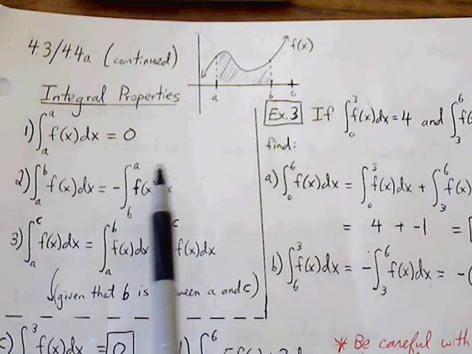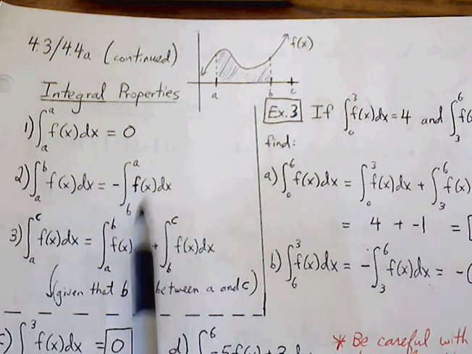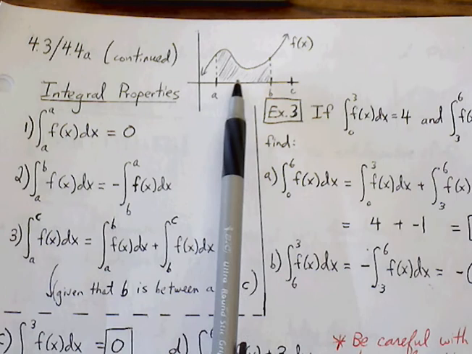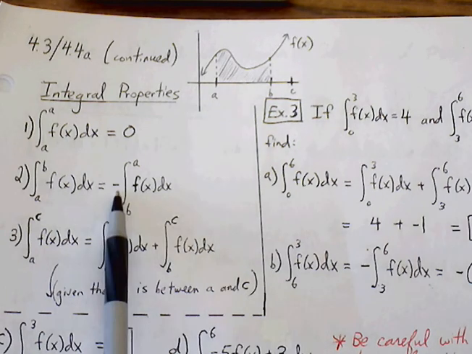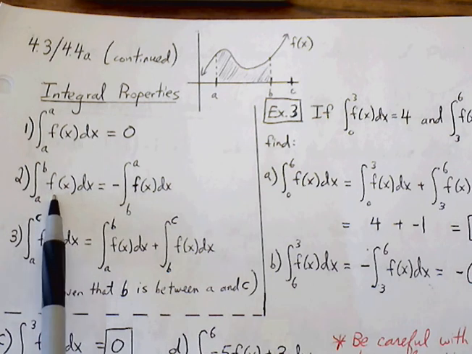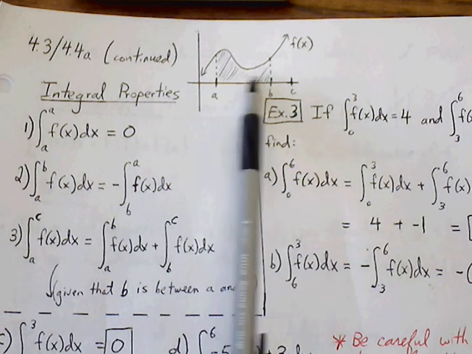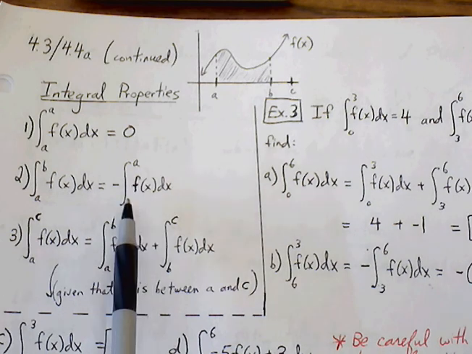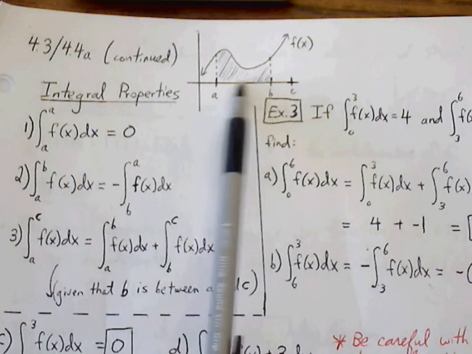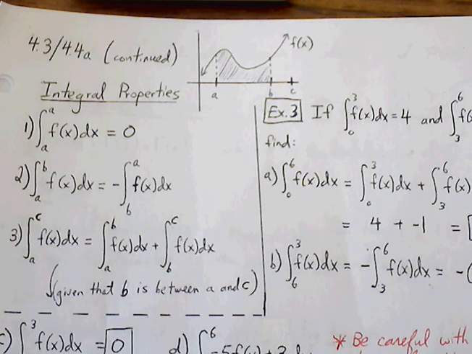If I flip the bounds around, then my numeric value will still stay the same, but it'll be the opposite. So let's say this gives me 12. Then the definite integral from b to a will produce a negative 12.